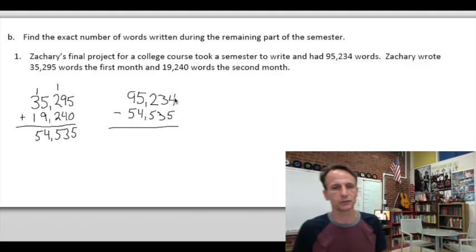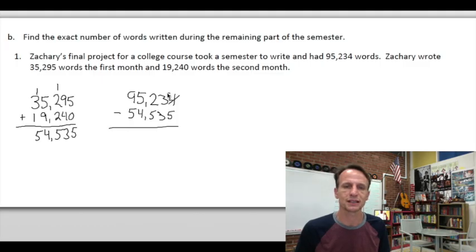And we see right off we're going to have some regrouping to do, so let's do it. All right, we can't take 5 from 4, so we go over to the tens place, take one of those tens, leaving 2, bring it over as 10 ones with the 4 already there. It's 14 minus 5 is 9.